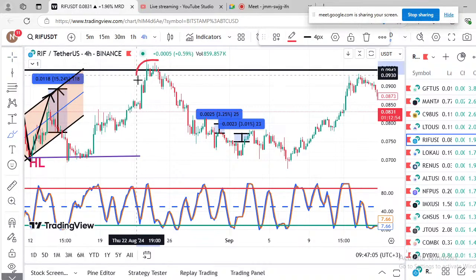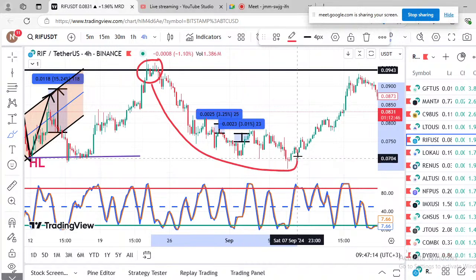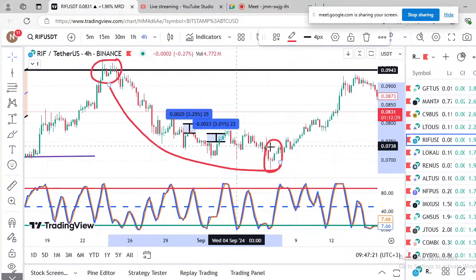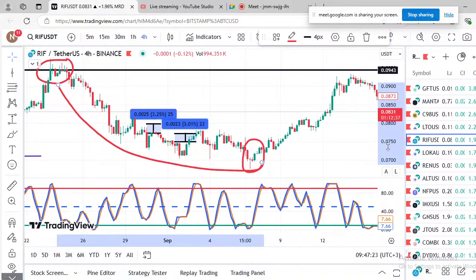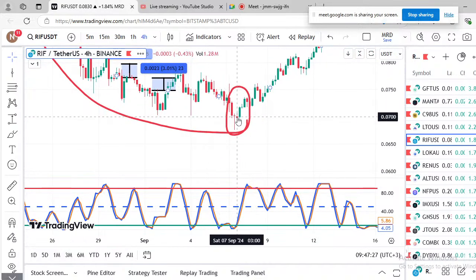This was the highest level of the market. We can see the market dropping up to this point here, and we can see the market forming what we call the doji here.